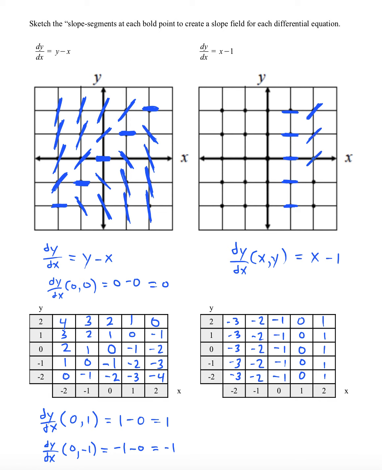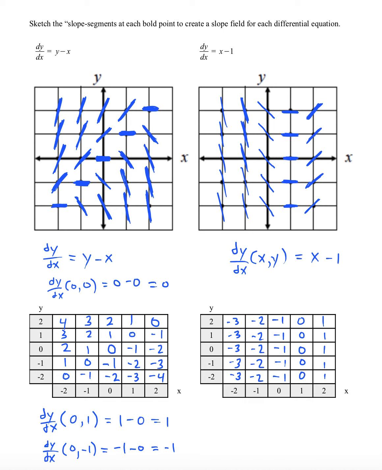Slanted lines here. Negative slant. Okay, that's the slope field that I find by hand.